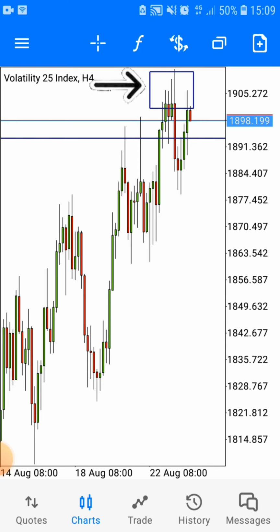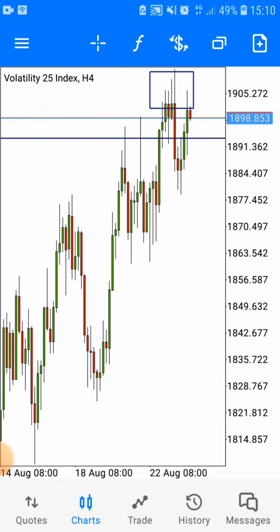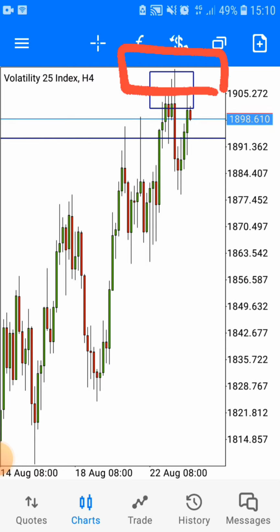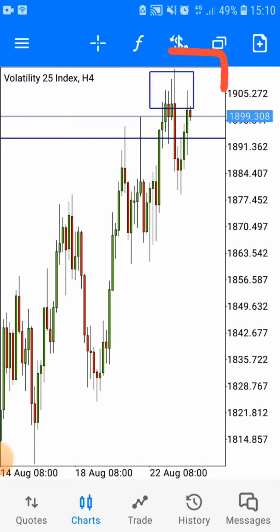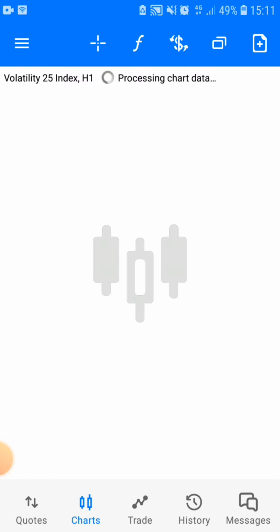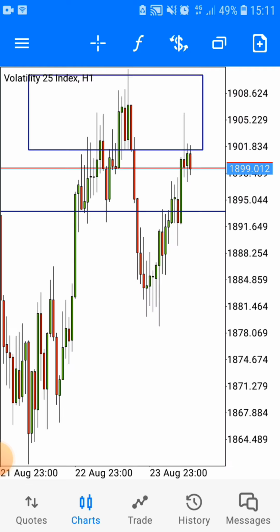Well, these wicks carry a very important message considering that they occurred on the resistance level, but we can't enter the trade on this high time frame, okay, because our stop loss will be so huge, because it would have to be logically above these wicks, and that, my friend, is a lot of money, which honestly I can't afford to lose. And since they say only risk what you can afford to lose, let me go to the lower time frame, which in this case will be the 1-hour time frame, and look for possible sell entries.